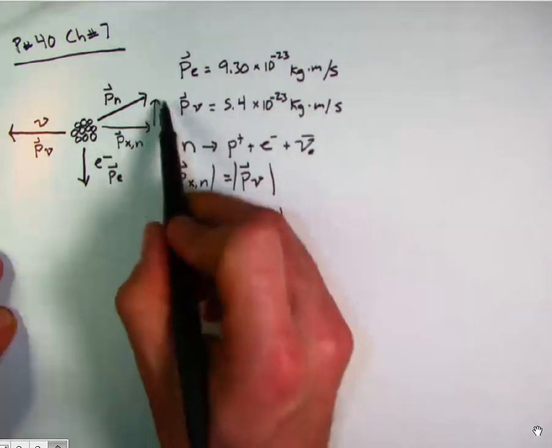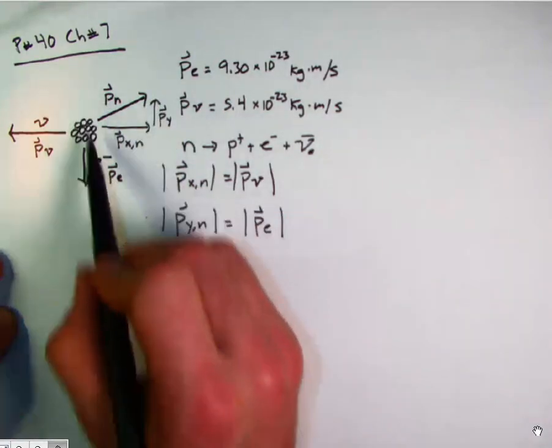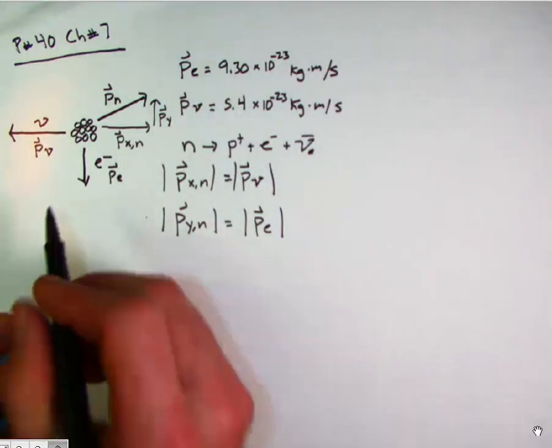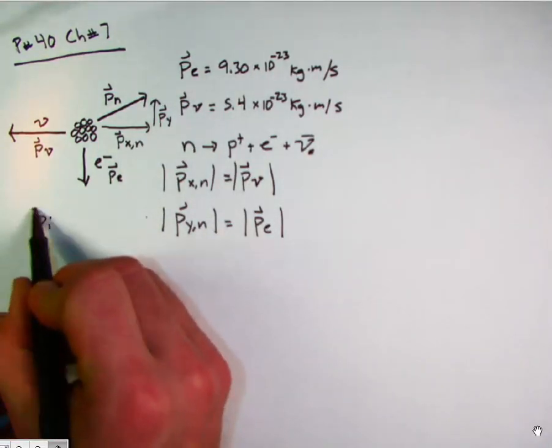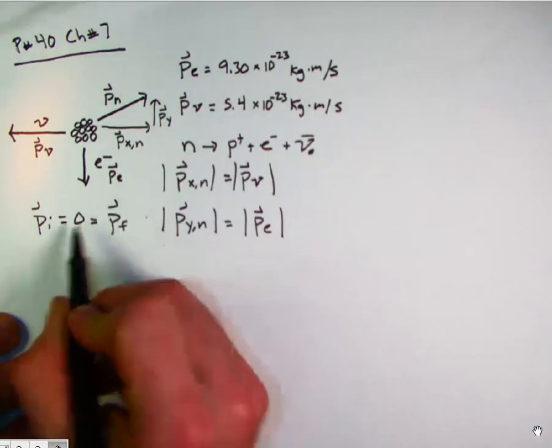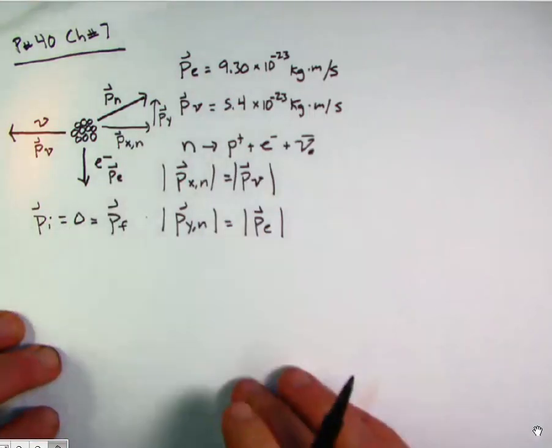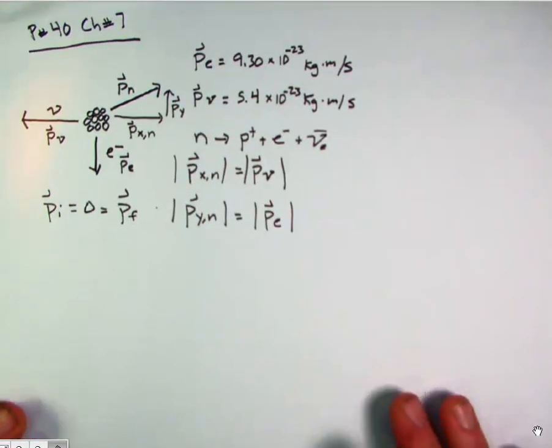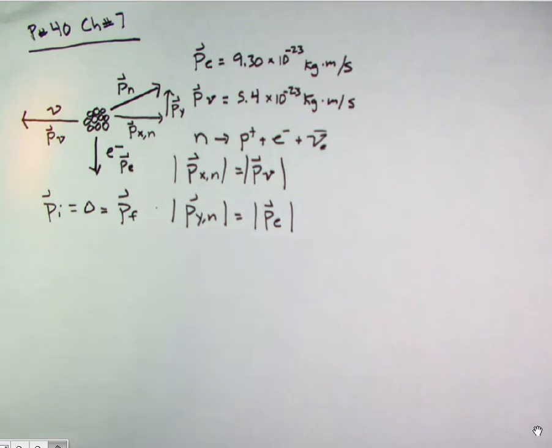So this one here would have to cancel out that one there. Because if the initial momentum is 0, then the final momentum would have to be 0, since there are no external forces, so momentum is conserved.